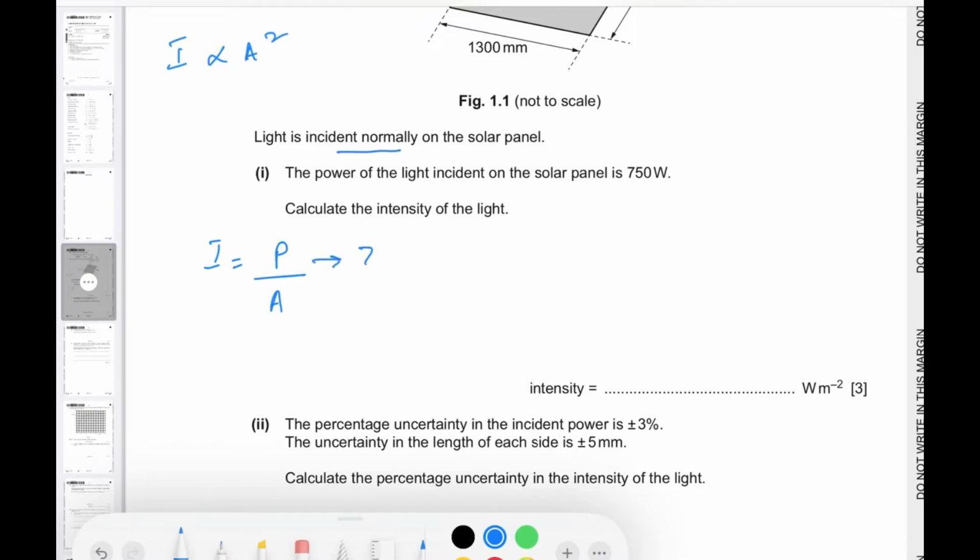So power here is given as 750 watts. Area is the square area of the square panel, which will be the side squared, and that would be 750 divided by 1.3 squared. This is equal to 440 watts per meter squared.